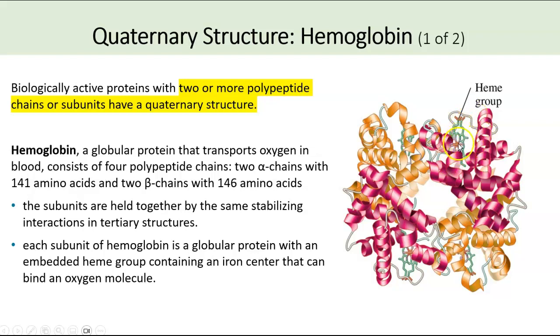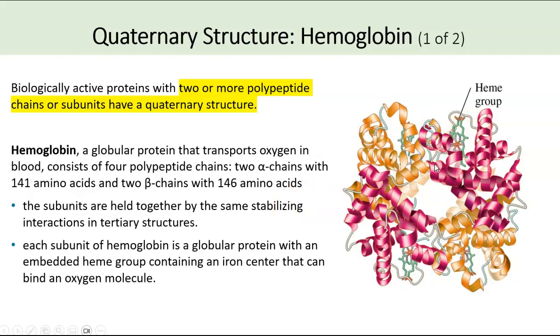The oxygen molecule is contained within this heme group, and the heme group is present in all four subunits of the hemoglobin protein. The heme group has the ability to trap the oxygen molecule inside. That's how this hemoglobin protein transports oxygen in our blood. So this hemoglobin structure is an example of a quaternary structure.